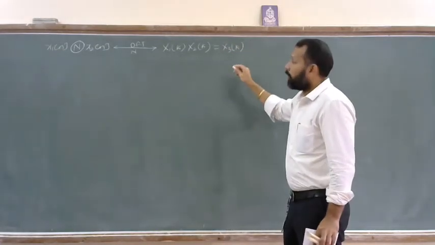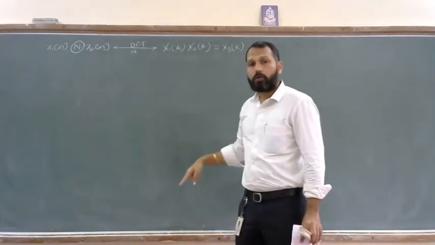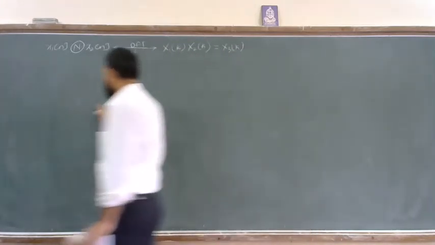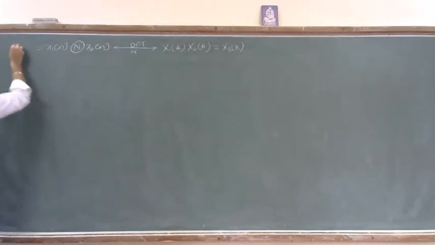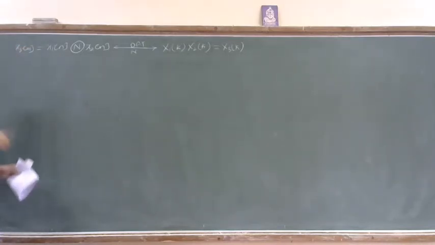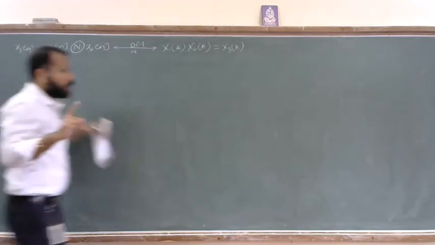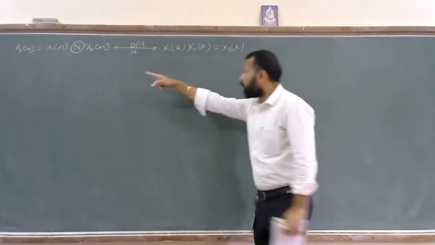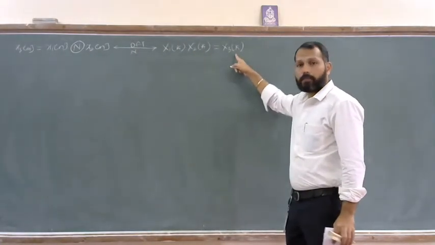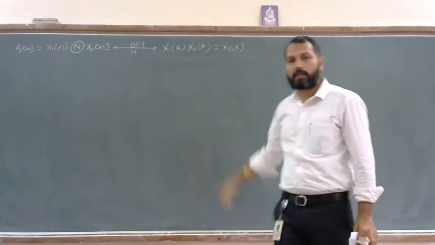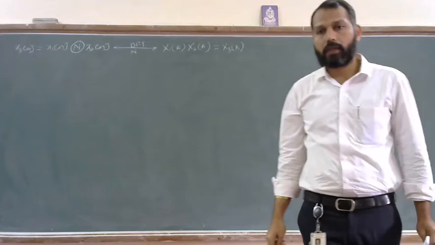Now, what is that circular convolution? Circular convolution will be nothing but a sequence itself, and in the previous problem we denoted that sequence as x3 of m. How to obtain x3 of m from X3 of k?